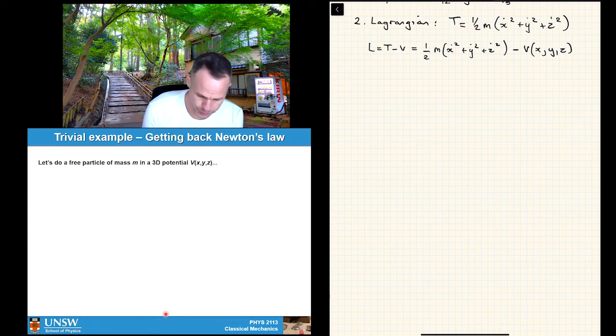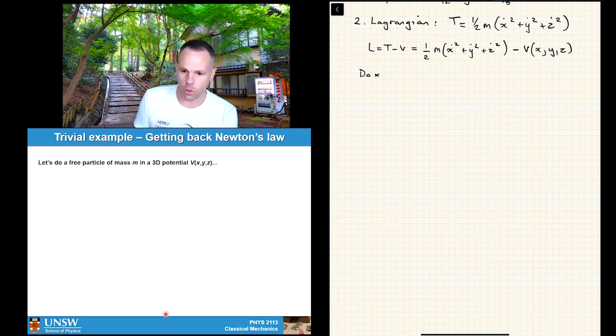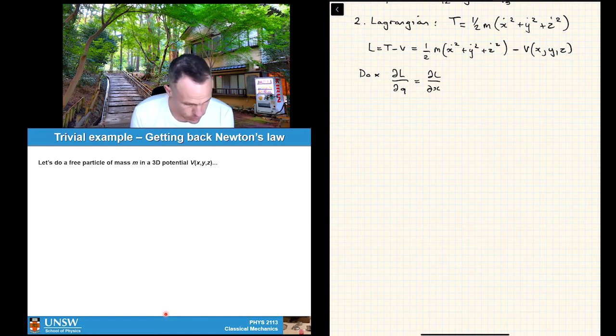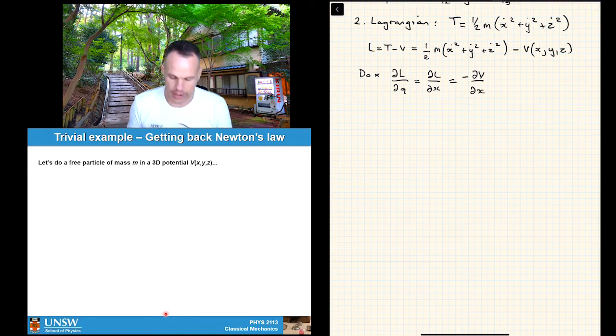So the first step is basically to get your derivatives of the Lagrangian. We need dL on dq, which in this case is dL on dx, which is just minus dV on dx, because the only thing in that Lagrangian that depends on x is the potential, and we need to take the derivative with respect to x for it.